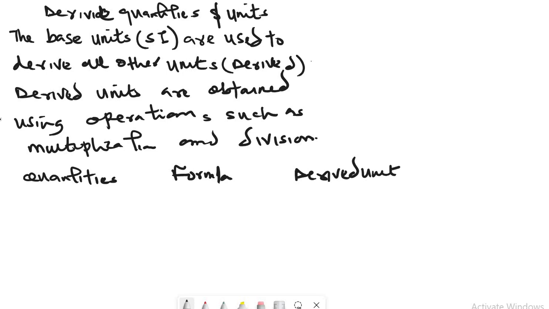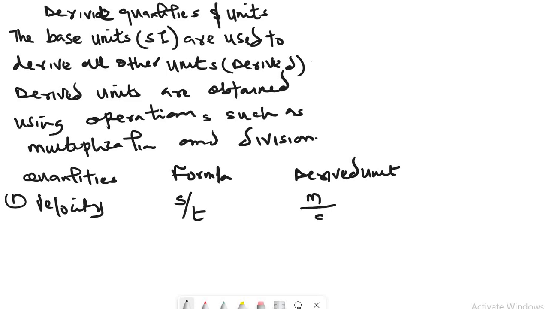Now I'm going to start from velocity. Number one, let's take velocity for example. What is the formula for velocity? Displacement over time. Now, displacement is measured in meter, right? Displacement is measured in meter.